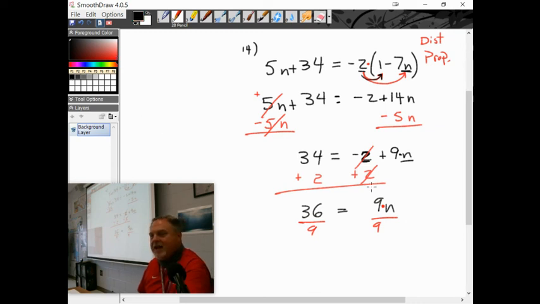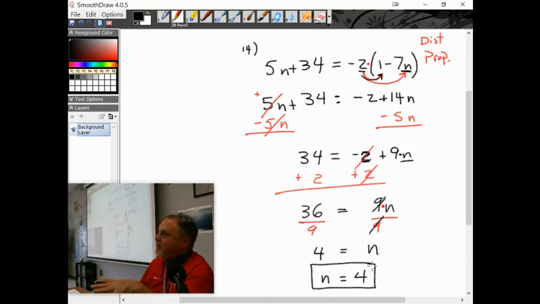So while I'm doing that and getting the 9s to drop out on the right side, how many times will 9 go into 36? 3? 4. That's right. 4 times. That's a good guess. But 4 is the correct answer. So we have 4 equals n, or if you prefer it the other way, n equals 4. And that, my friends, is number 14.